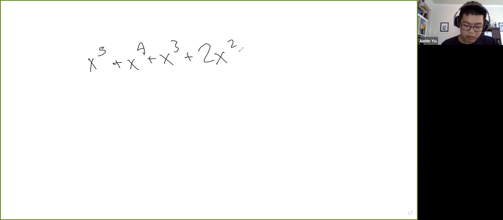So let's consider the equation x to the fifth plus x to the fourth plus x cubed plus 2x squared plus 1.